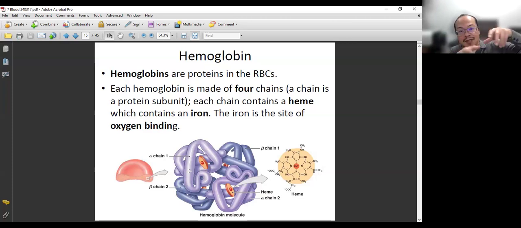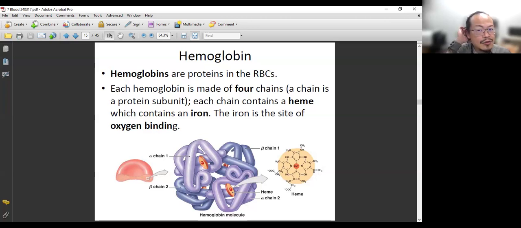Quaternary structure is what we see here. That becomes the combination of 4 different chains, and each chain contains heme.